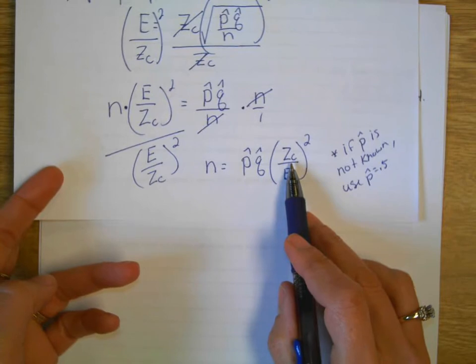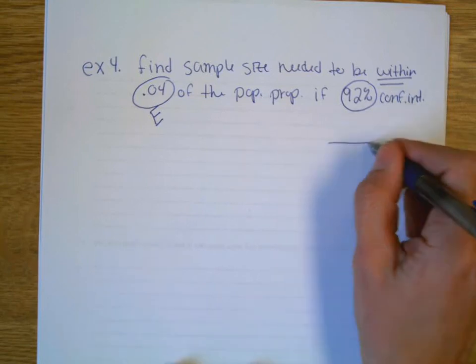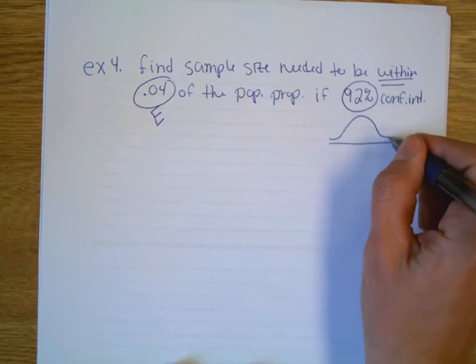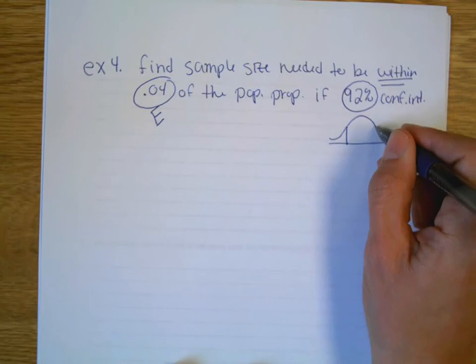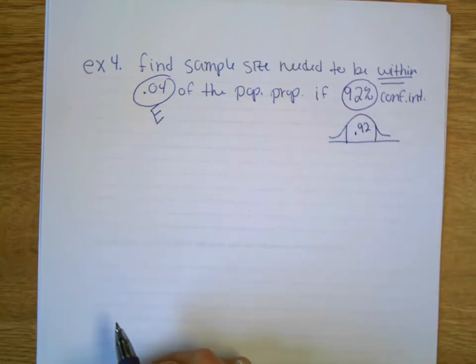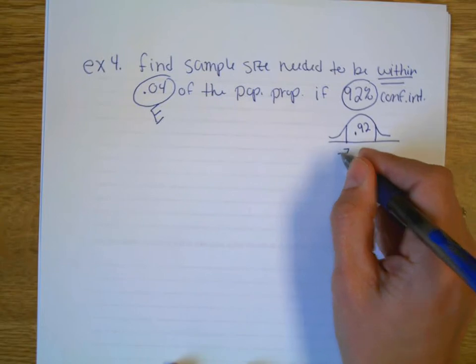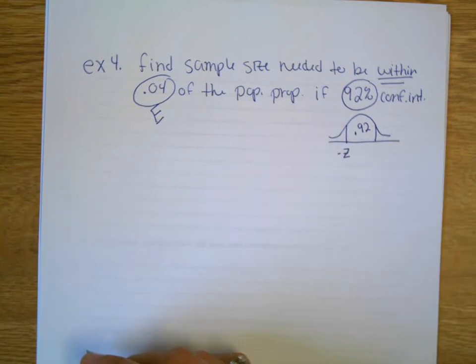I didn't give you one of the common ones because I wanted you to remember how we calculated this. How do we get the z-score for 92%? Do you remember what we did? 92% is in the middle of my interval. How do we get the positive z-score even though we usually find the negative one first? You just do inv-norm.